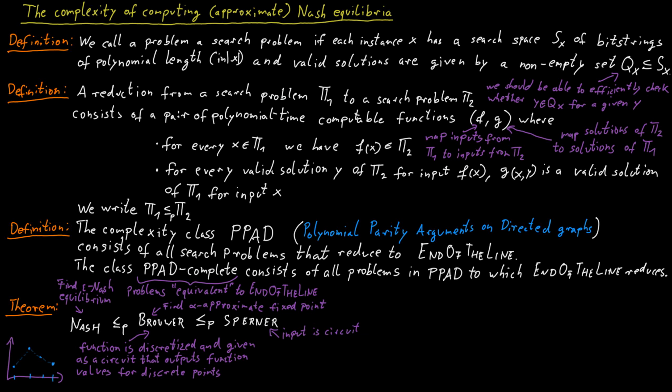You put in the identifier of a vertex and you get out the color of that vertex. Your task is to find a fully colored subsimplex. So that's the problem Sperner. And not surprisingly, Brouwer reduces to Sperner. Then the least surprising part of all of this is that Sperner reduces to the problem end of the line. And the reason for this is quite simple.